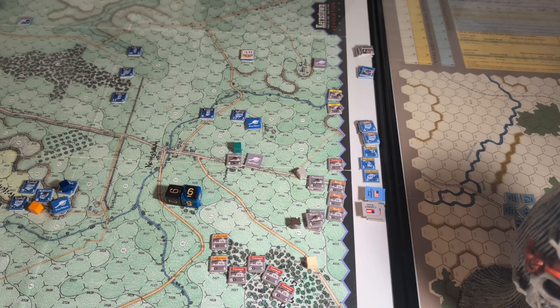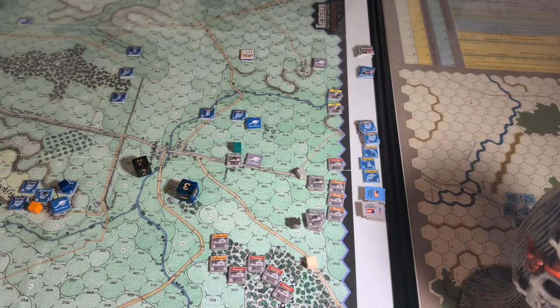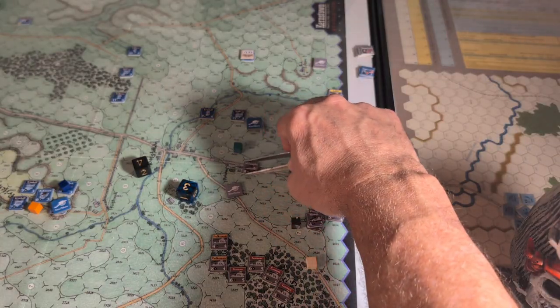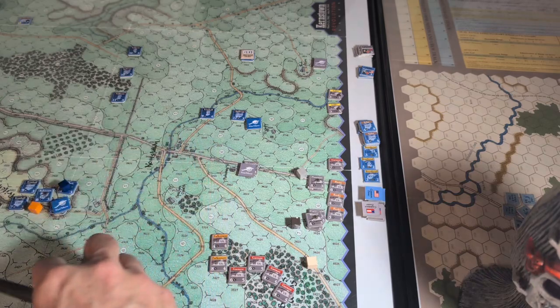So it's going to be firing in with the routine. All right, so 34. 3 is no depletion, but 4 is going to be a retreat 1. So they've got a retreat 1.